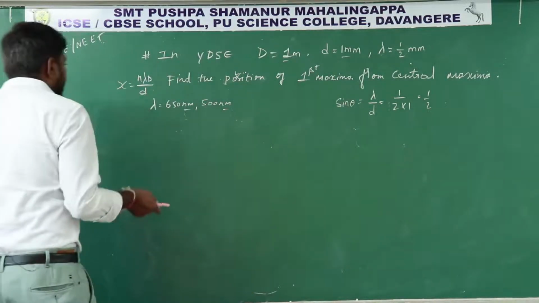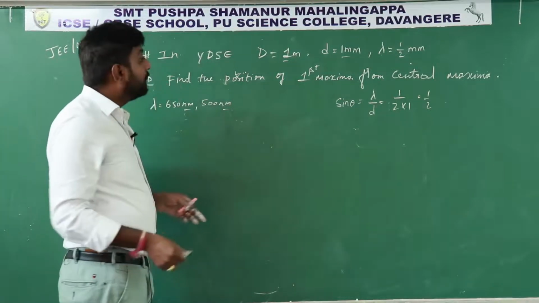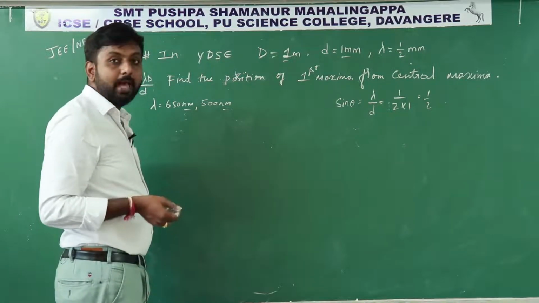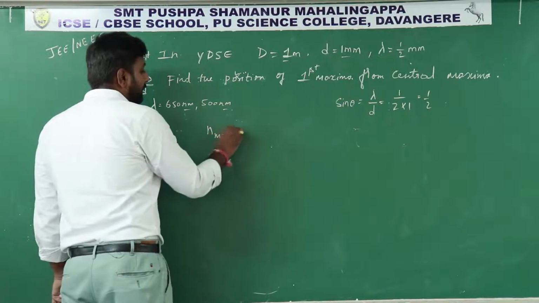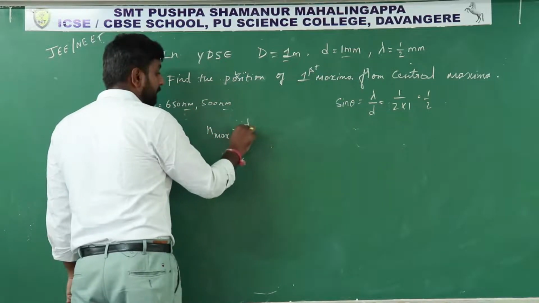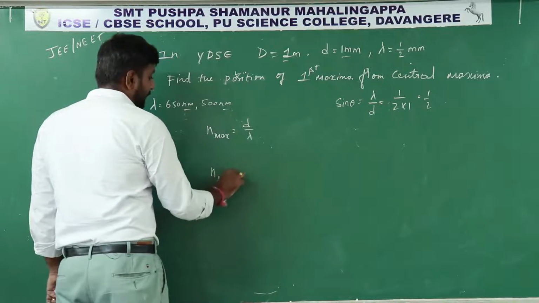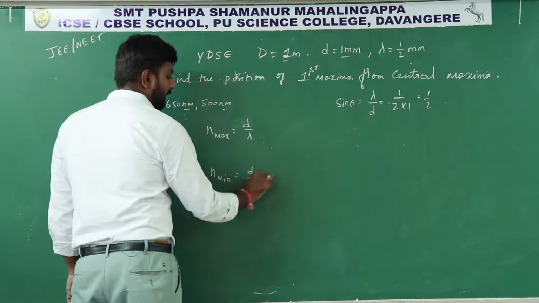So last time I explained the concept, which is also based on the first condition. Now I can find the total number of bright and dark fringes. For n maxima, bright fringes, the formula is d by lambda. For n minima, that is the nth order dark fringe, it is d by lambda plus 1 by 2.